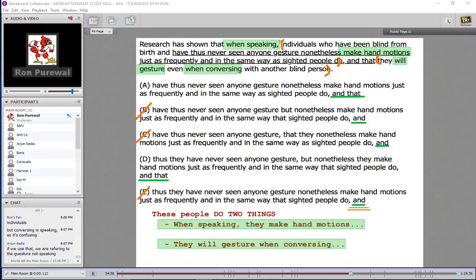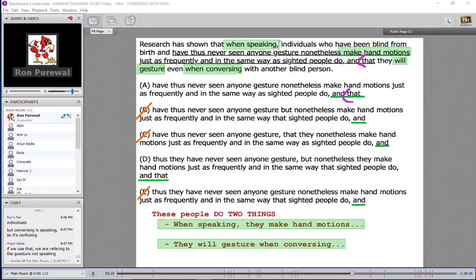As opposed to using that, if you have that, let's talk about where the parallel structures are now. If you have and that, they will blah blah blah blah blah.